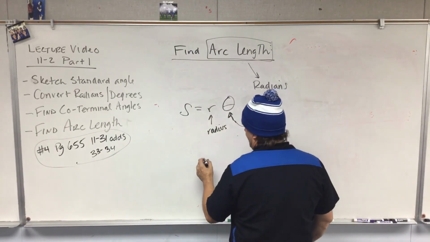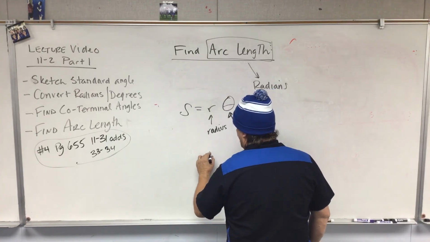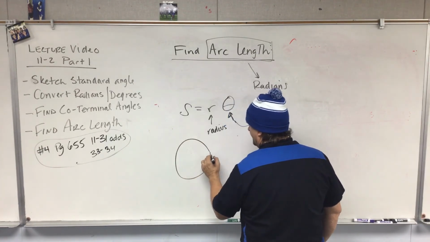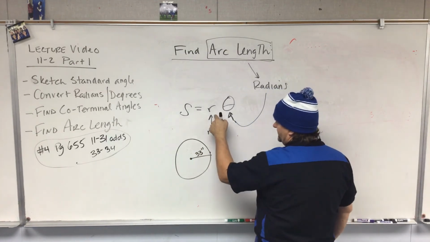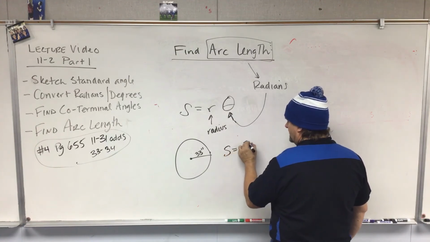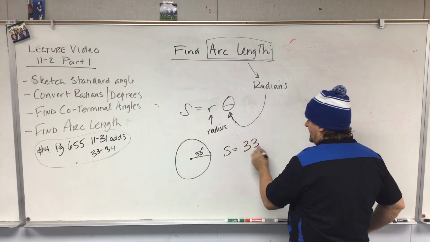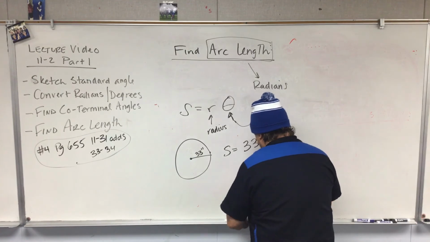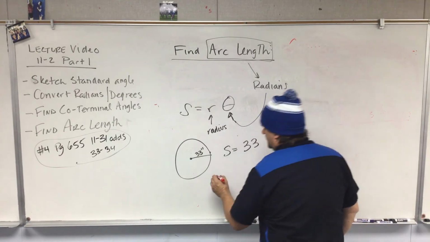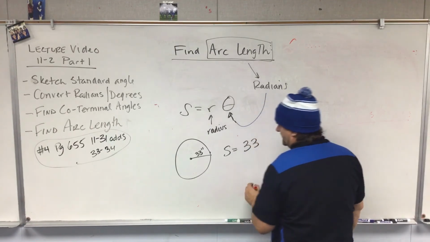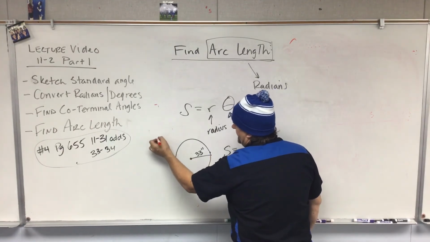So let's just take a wheel that has a radius of 33 inches. So my radius is 33. Okay? And let's say it makes 3/4 of a turn.